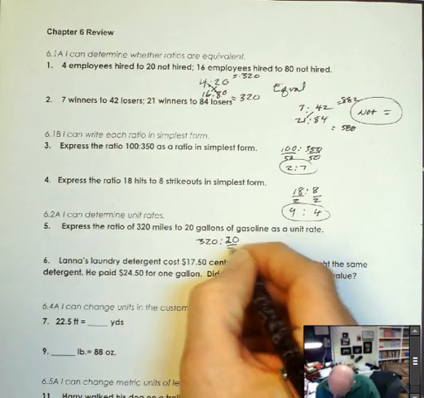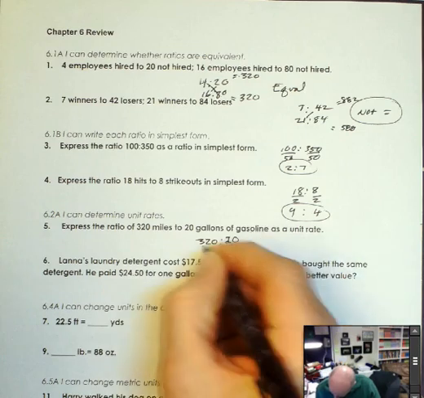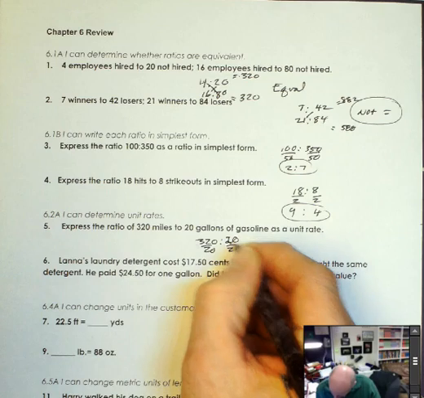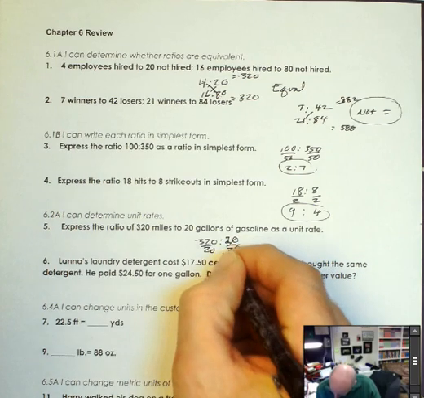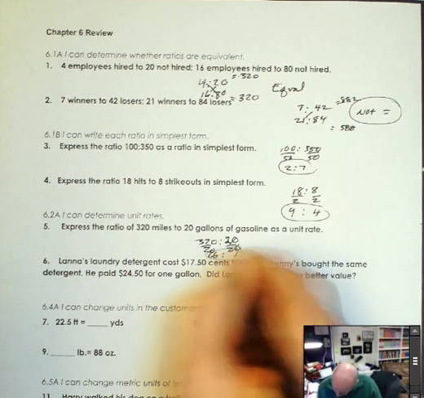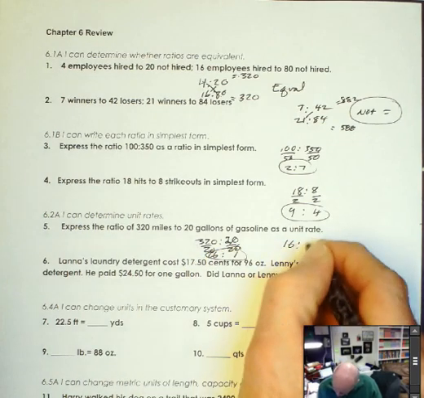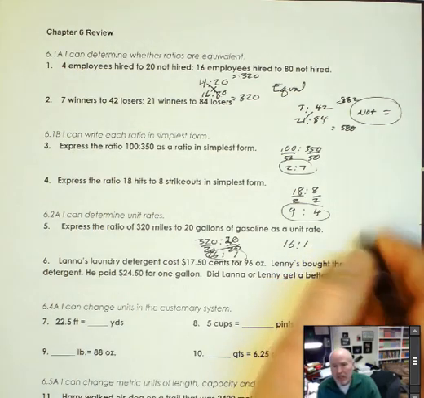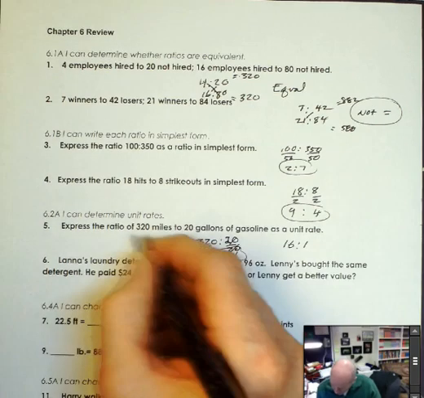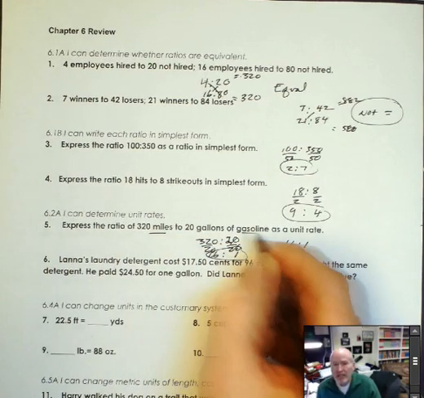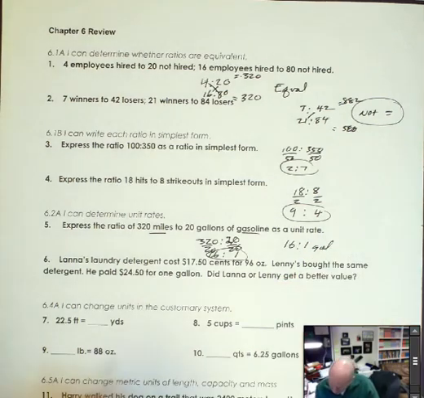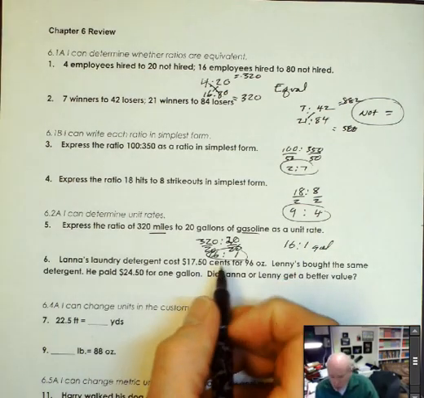We're just going to divide by 20 on both sides. 20 divided by 20 is 1, and 320 divided by 20, if you do that in your calculator, you'll get 16. So this is 16 to 1. What does that mean? 16 miles per 1 gallon of gasoline. That's my unit rate. Remember, unit means 1, uni.